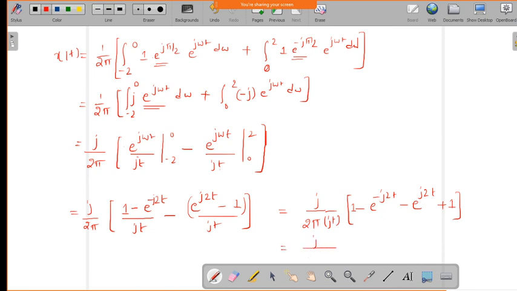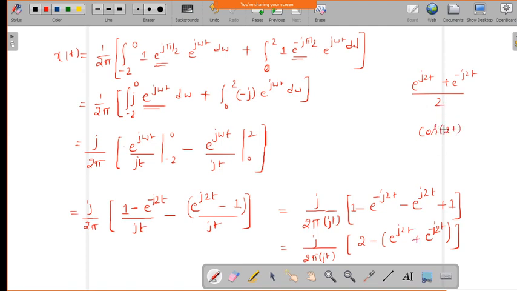So this will give j by 2 pi into jt, so 2 minus of e power j2t plus e power minus j2t. Now we know e power j2t plus e power minus j2t, divided by 2, we can write as cos of 2t.